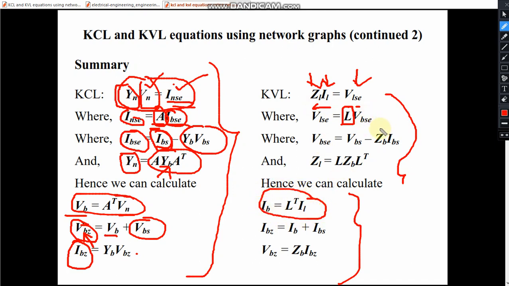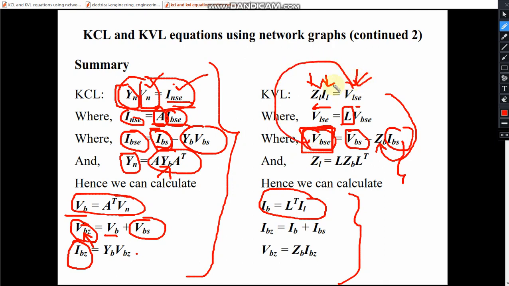Instead of finding the equivalent current source, now we find the equivalent voltage source. The original current sources have to be converted into voltage sources by pre-multiplying with the primitive impedance matrix, and then this is subtracted from the original voltage sources to give the equivalent voltage sources. So all the sources have become voltage sources now, and this is to be substituted here.